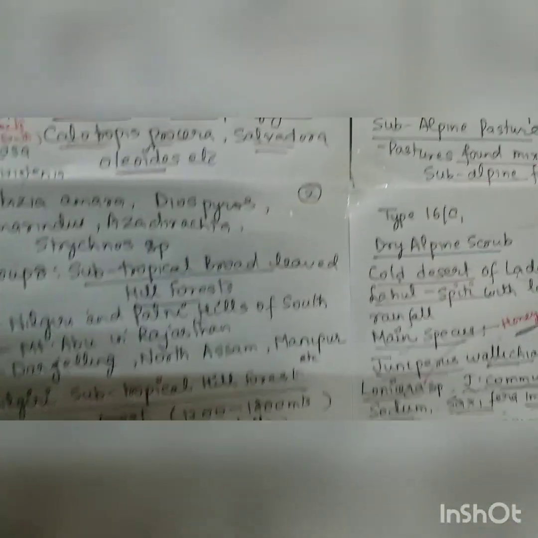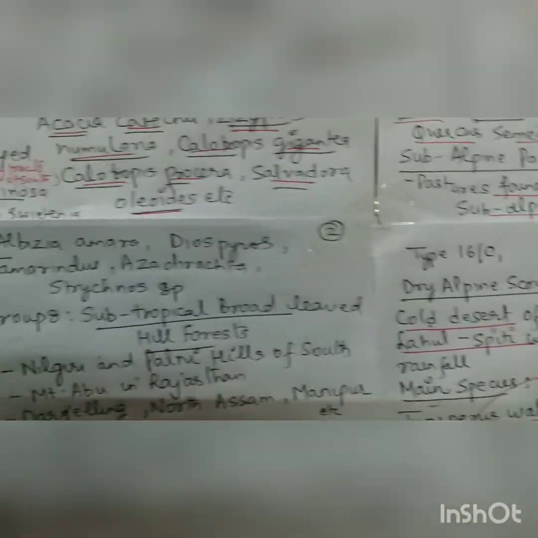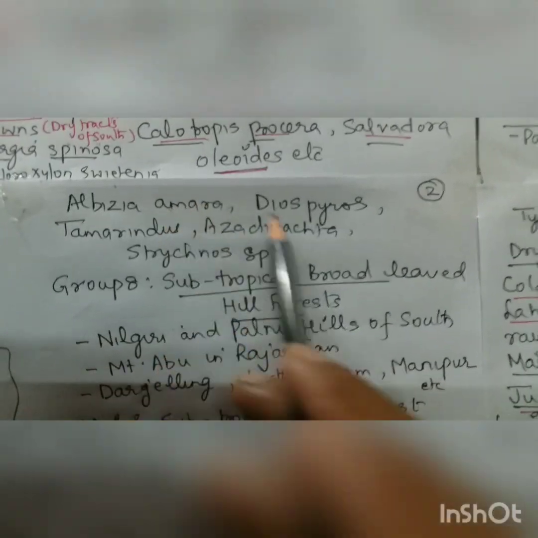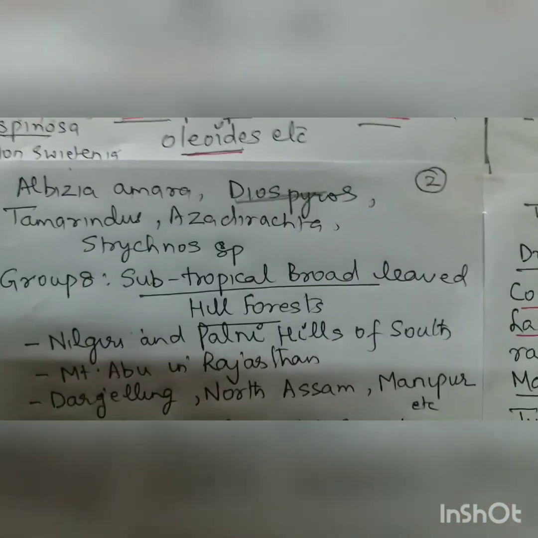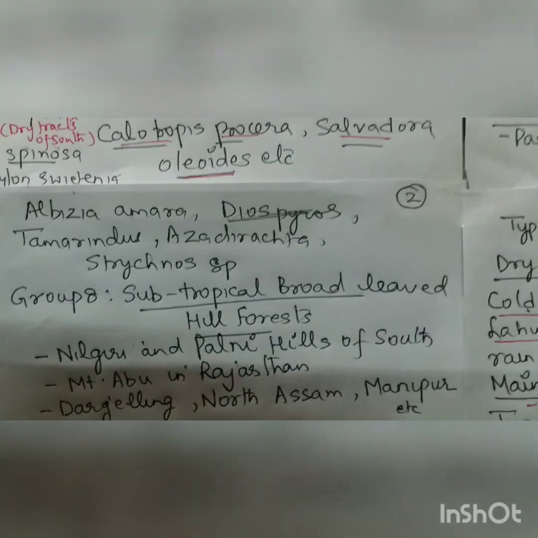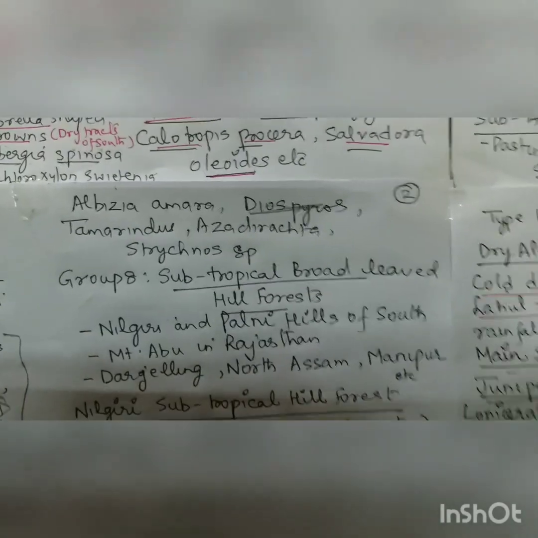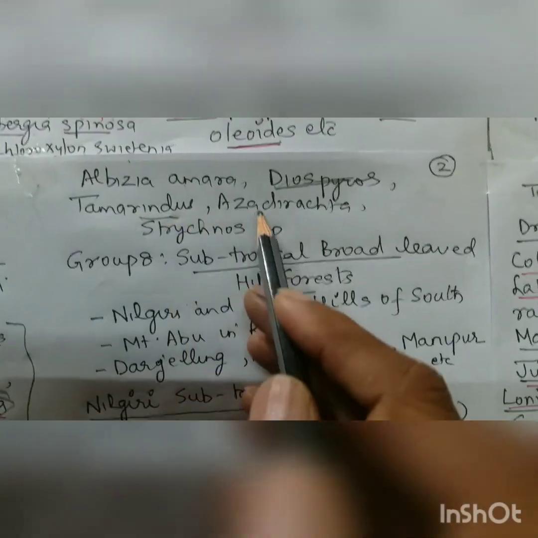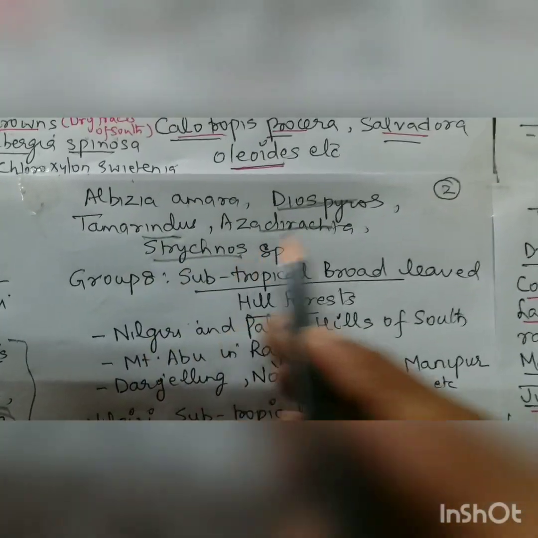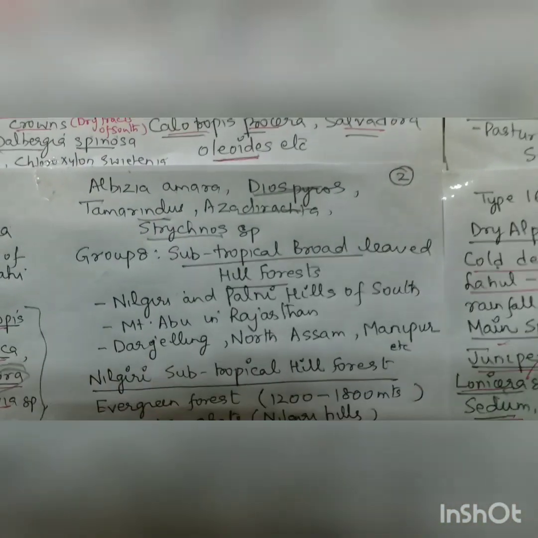Besides it, we have Albizia amara, Diospyros. Diospyros I already told you, is the same plant from which beedi is prepared. Besides Diospyros, I have Tamarindus, Azadirachta, and Strychnos. So this is group 7.